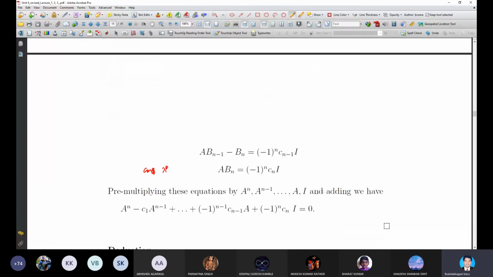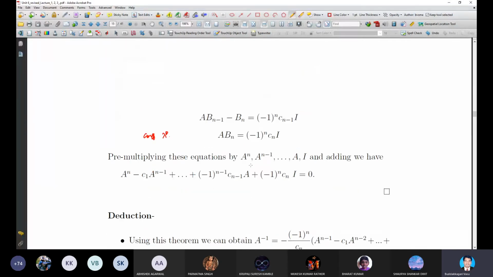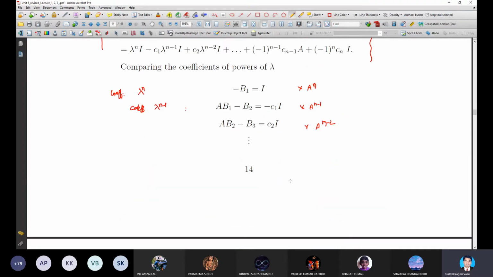Pre-multiplication and post-multiplication differ. So that's why it is clearly written that we pre-multiply all these equations by A power n, A power n minus 1, and so on, into I. In such a case, this will be multiplied with A, and adding all these.